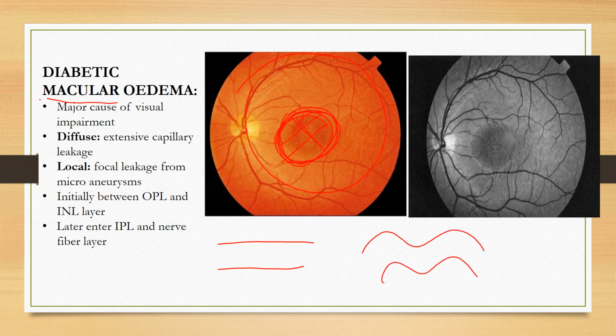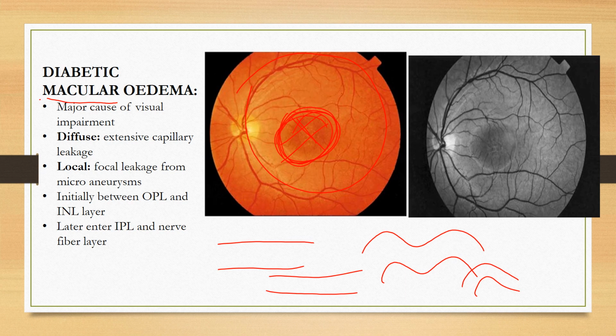It is like if you're looking at a rail, it won't appear like a straight line. It might appear like a wave. The face of the person they are looking at might look wavy. So they won't have a clear image. Initially it occurs between the outer plexiform layer and the inner nuclear layer.